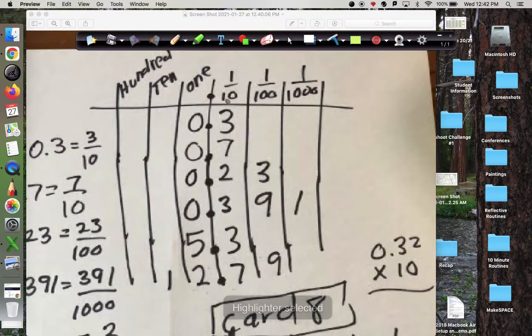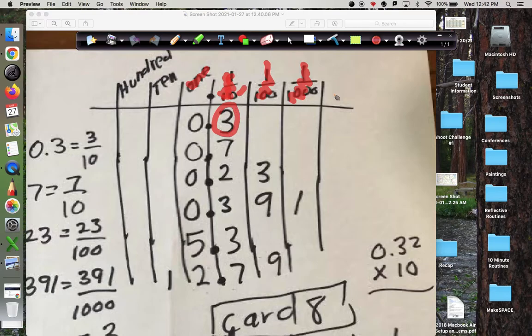So this is the ones column. This is the tenths column, excuse me. So this entire column is the tenths, hundredths, thousandths. So you say the number that's here, and then tenths.